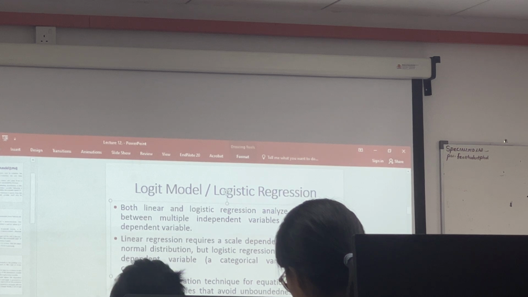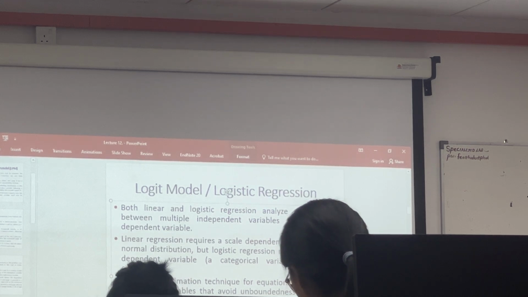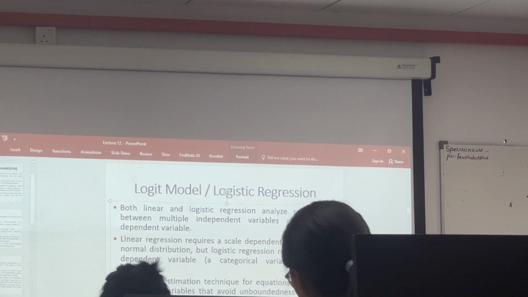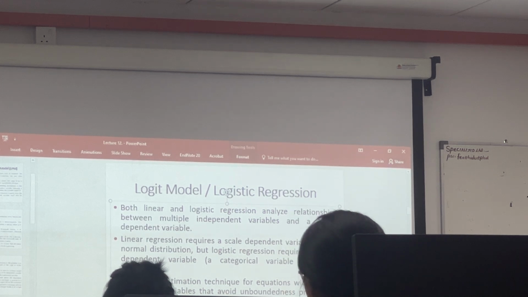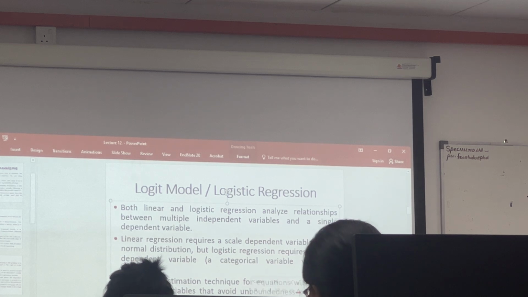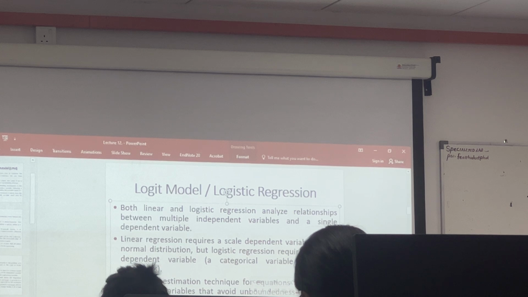So logit is an estimation technique for equations with a dummy dependent variable that avoids the unboundedness problem of the linear probability model, because with the linear probability model that I mentioned just now, it's possible for our predicted value to be negative or greater than 1.